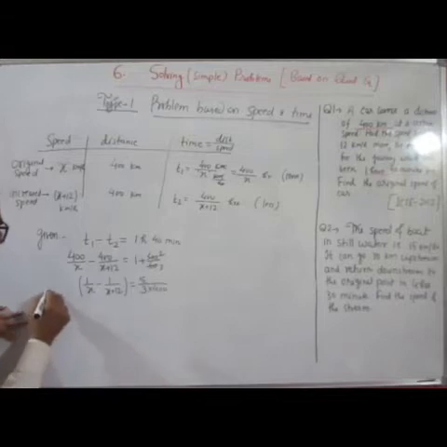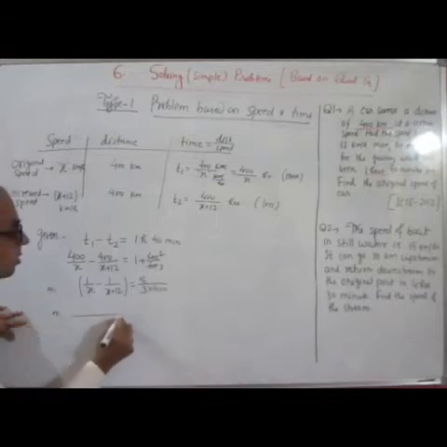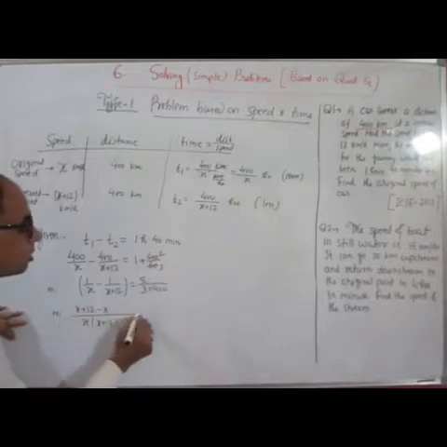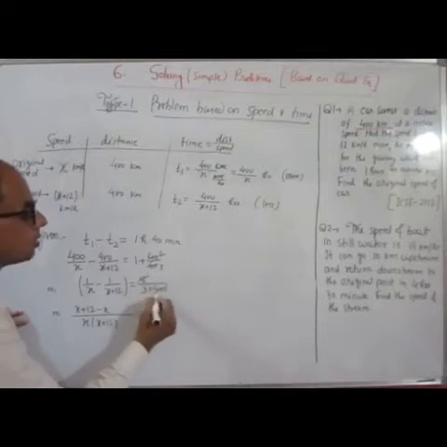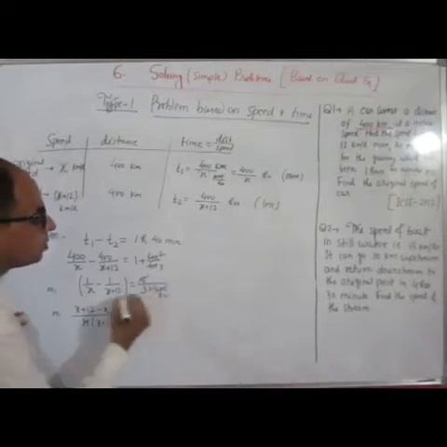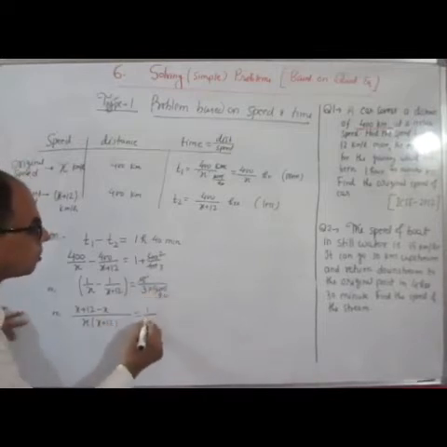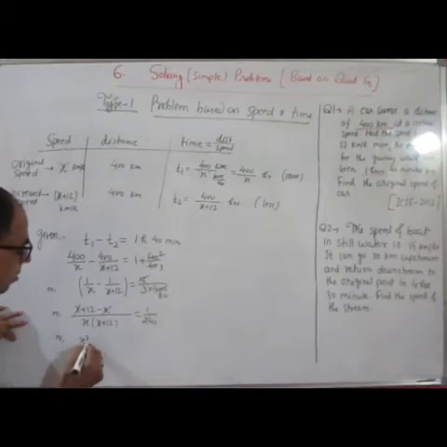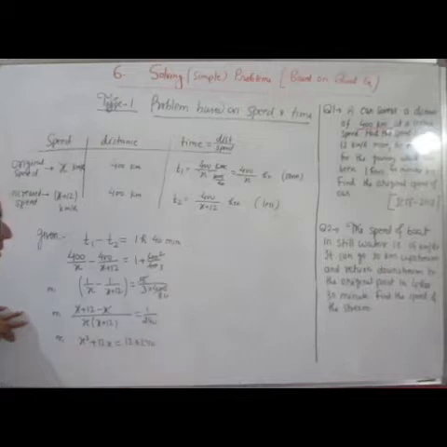Now here the LCM is x into x plus 12, and x plus 12 minus x is equal to 12. Cancelling, we get 1 by 240. Now cross multiply, so it will be x square plus 12x is equal to 12 into 240.